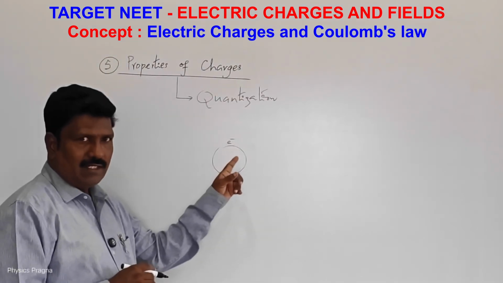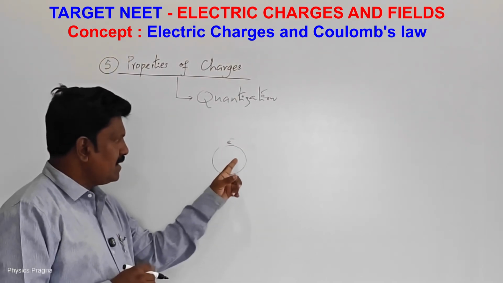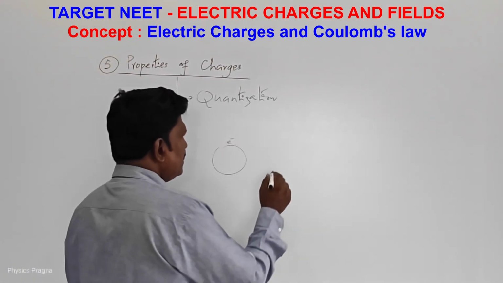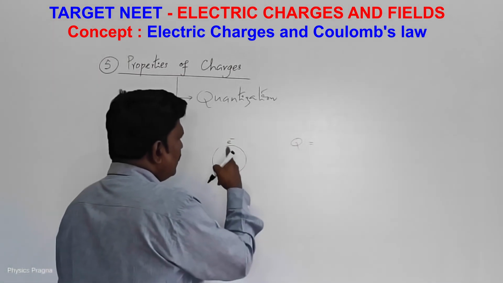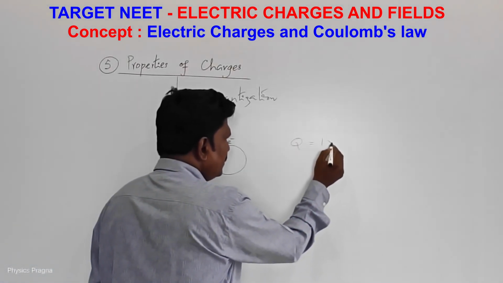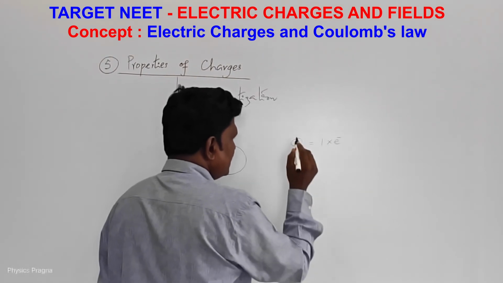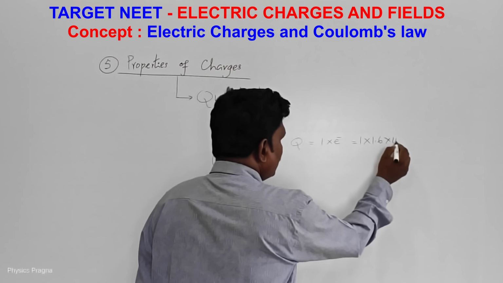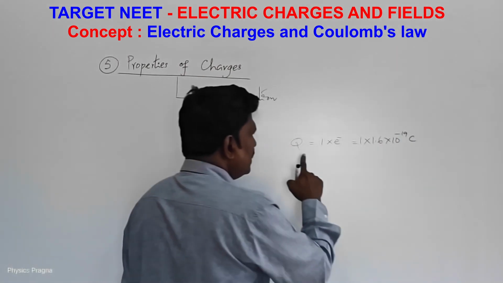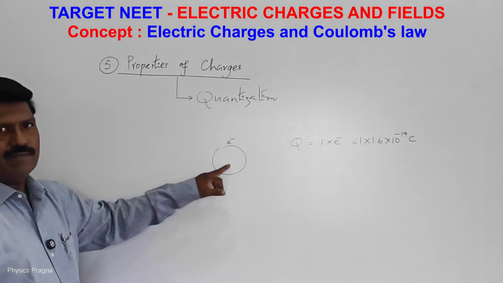If we give one electron charge, only one electron charge will come. So the charge of this body is 1 times the electron charge. The electron charge is 1 into 1.6 into 10 to the power of minus 19 coulombs. This is the charge we have given to this body.